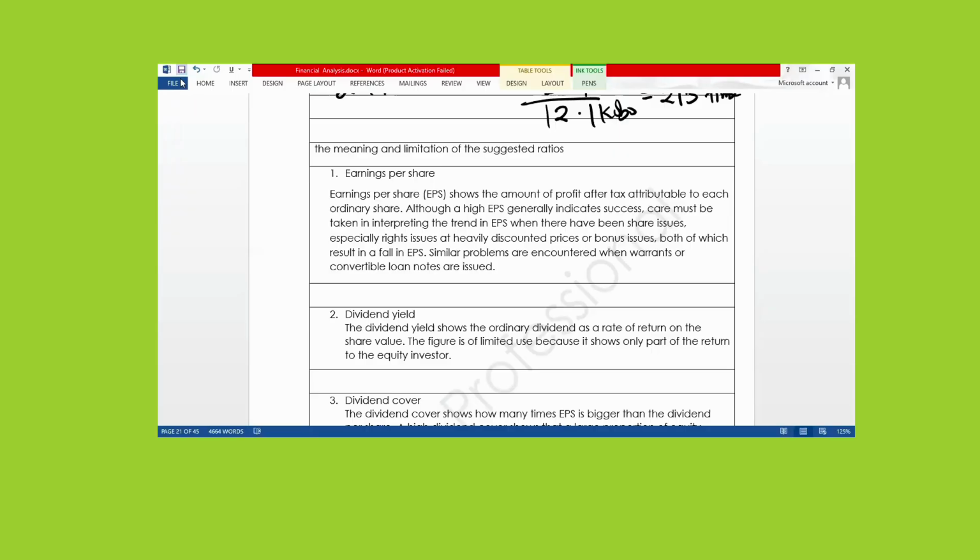That is called capital gain. Dividend yield ignores capital gain and only considers dividends received. That's a limitation.